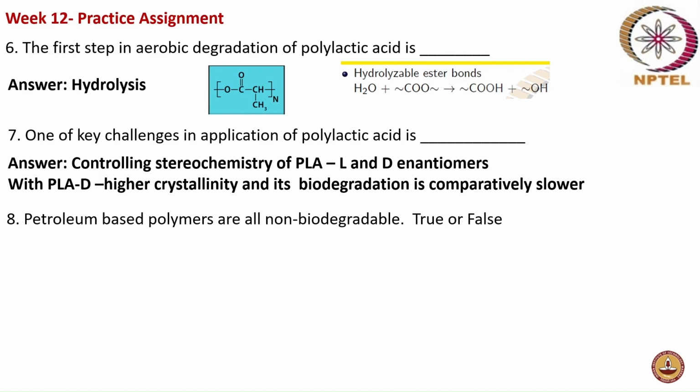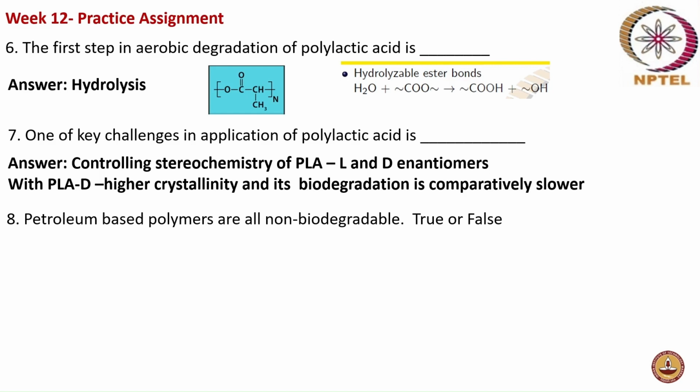Maintaining the stereochemistry is a little difficult, because there's a probability of forming both L and D enantiomers. And one more disadvantage of having a D enantiomer is that it has high crystallinity, and as the crystallinity is more, the access for microorganisms to break it down is lesser. So the amorphous region can be easily broken down, whereas the crystalline region needs much more.